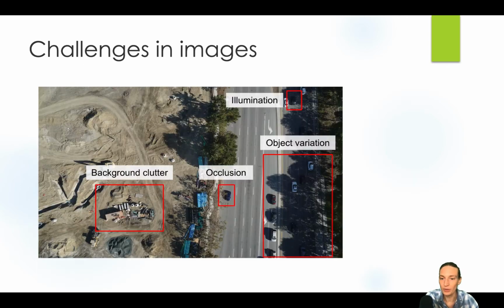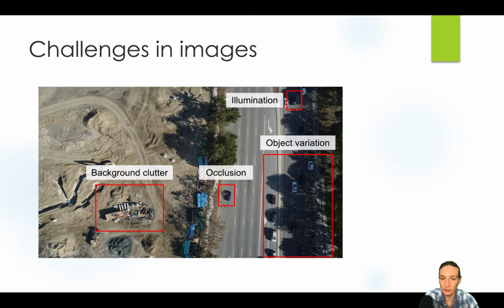All right, now when we're doing these tasks in image detection, we actually have a lot of challenges. In this case, we're trying to get some data from a satellite image, a very zoomed in satellite image. There may be background clutter, some things lying around that really detract from what you're trying to predict. Maybe you're trying to detect cars, but some of this clutter might seem like cars or not.